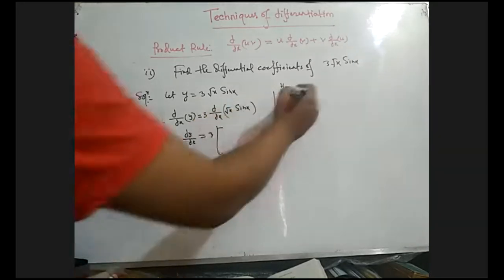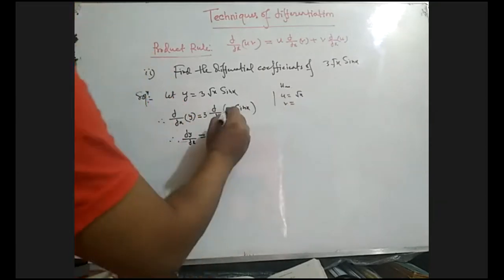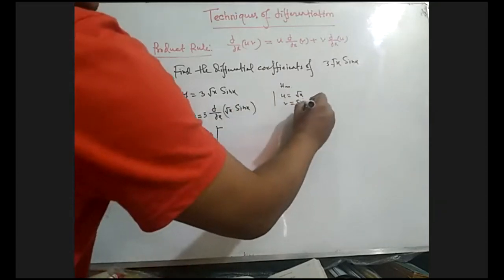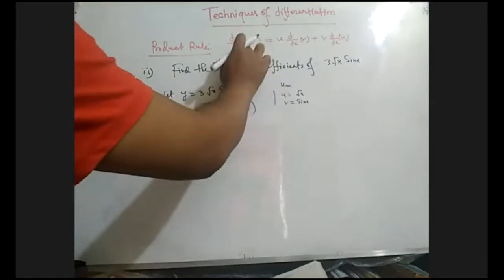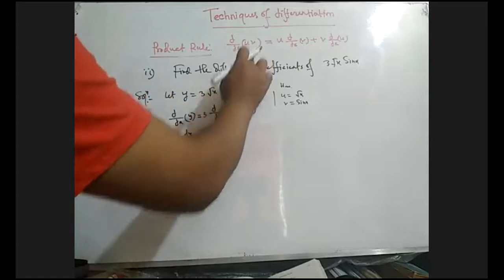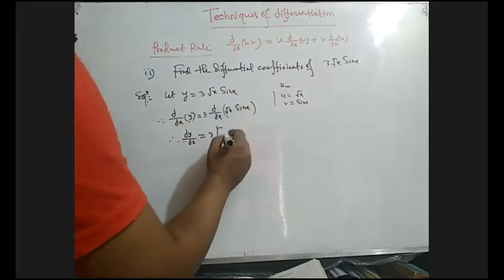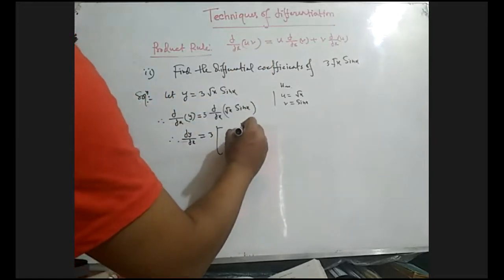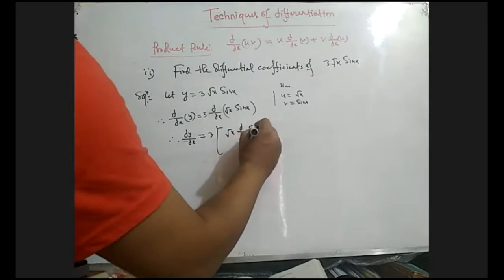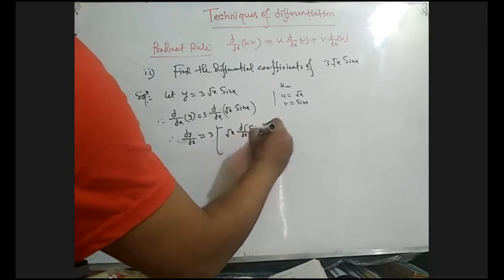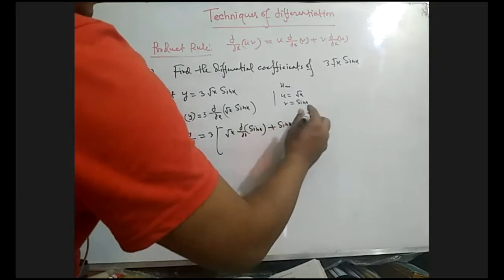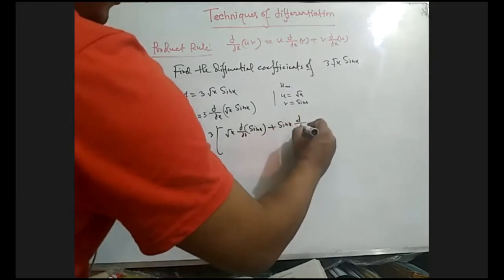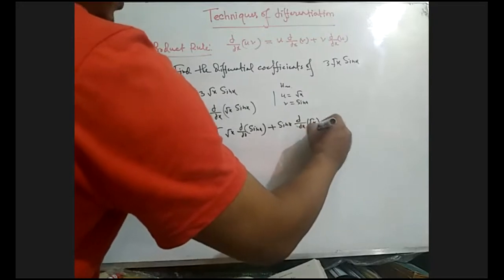Here u equals root x and v equals sin x. First function root over x, second function sin x. So u into d/dx of v, v meaning sin x, plus v into d/dx of root over x.